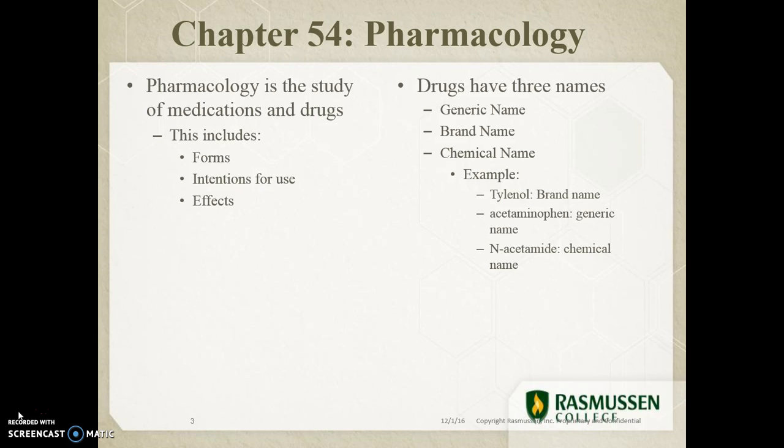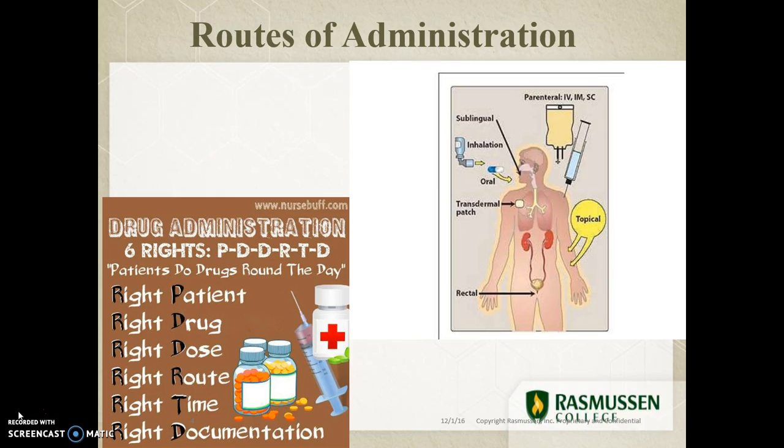So, for example, here I have the word acetaminophen. That's the generic name for the brand name of Tylenol. And the chemical name is N-acetamide. Also in week 7, you guys talked about how medications are administered. And the route of medication is the method by which a drug is introduced to the body.